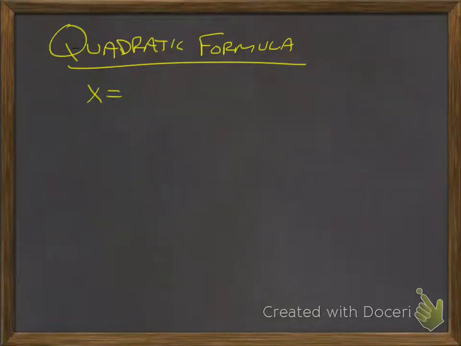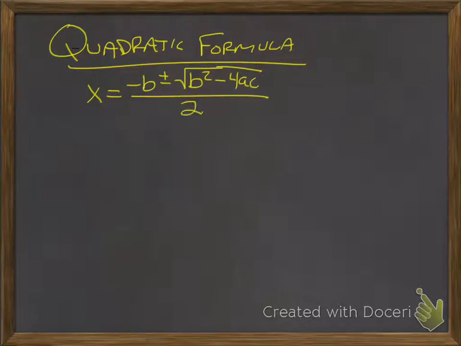One, you have to know the quadratic formula. x equals -b plus or minus the square root of b squared minus 4ac, all over 2a. Remember that last part, the all over 2a.